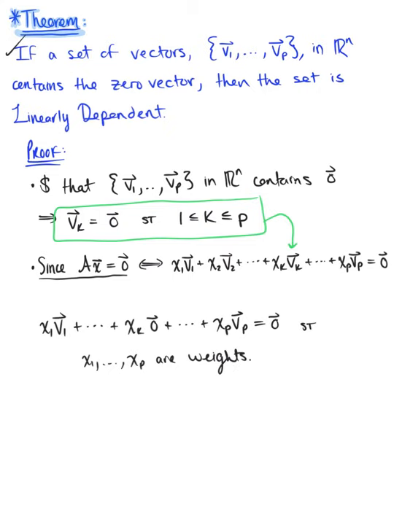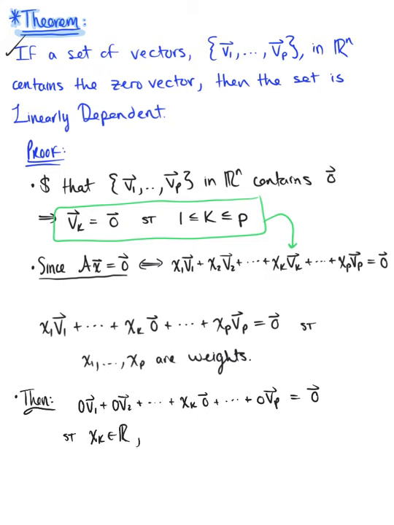So then this allows us to make the following statement. If we have 0 times vector v sub 1 plus 0 times vector v sub 2 plus and so on, and then we still have x sub k times the zero vector, plus all the way up to 0 times vector v sub p equals the zero vector, then x sub k could be any scalar our little hearts desire and it still satisfies the vector equation.